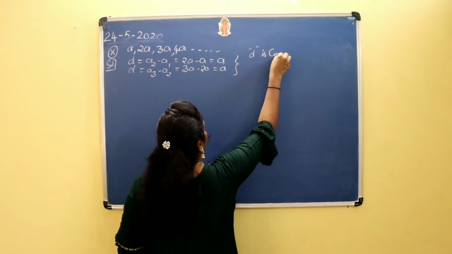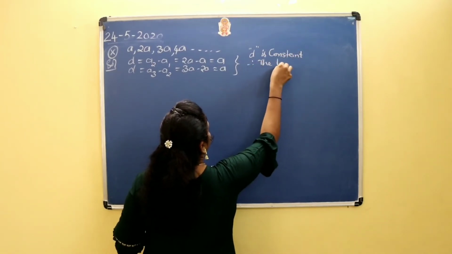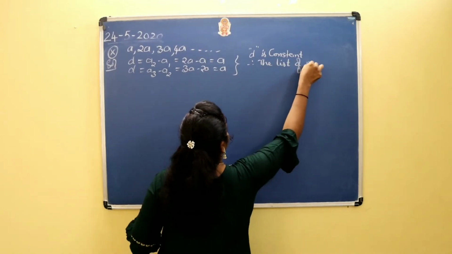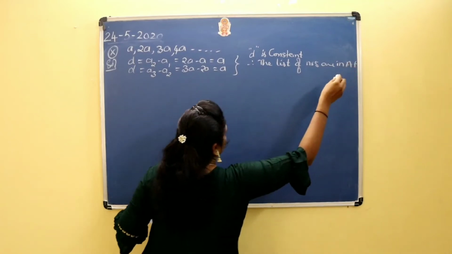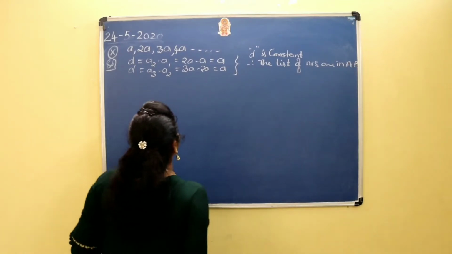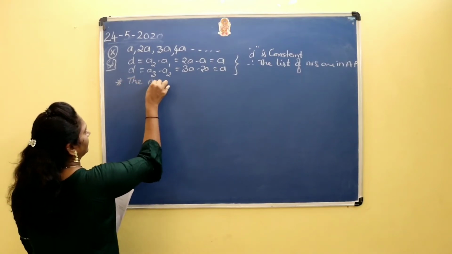Therefore, the list of numbers are in AP, or they form an arithmetic progression. The next three terms are.